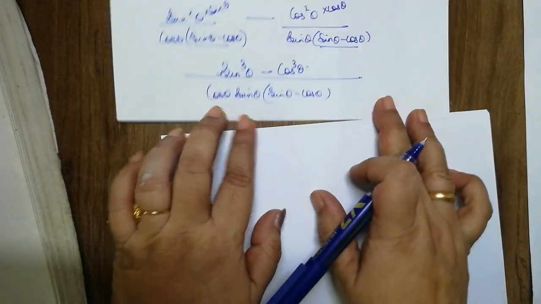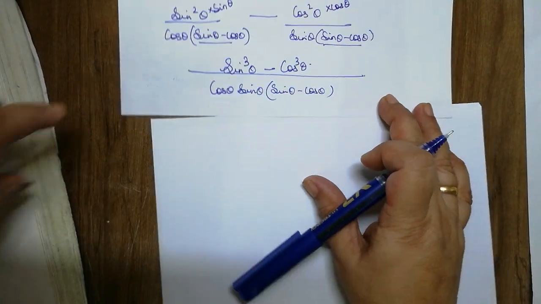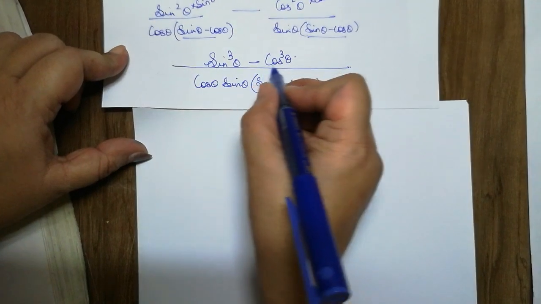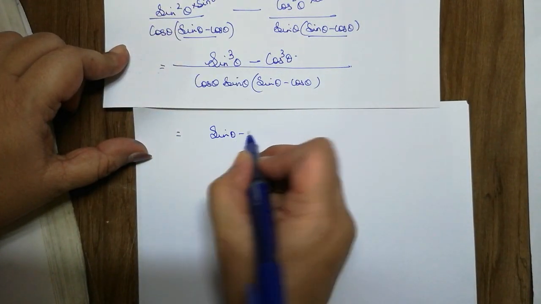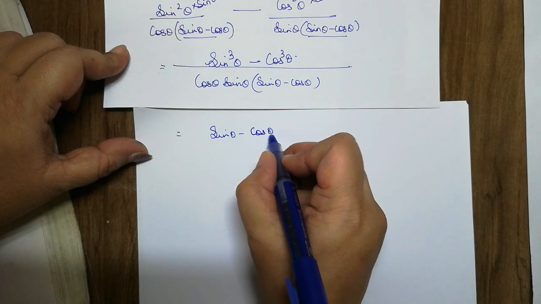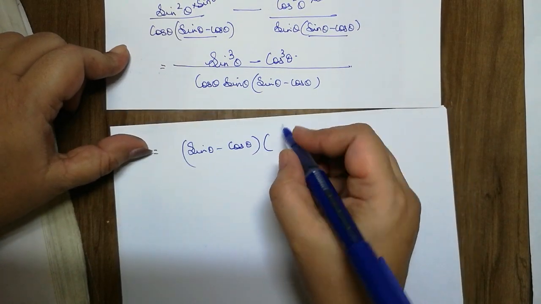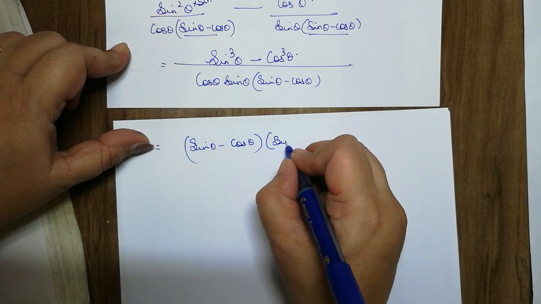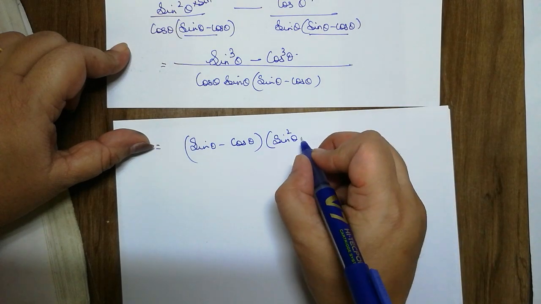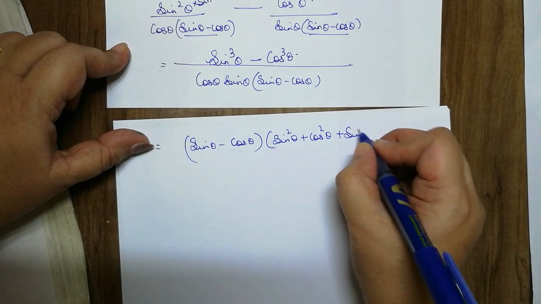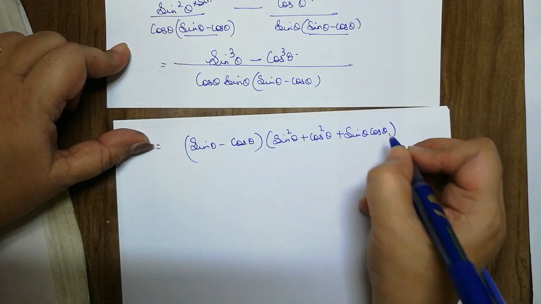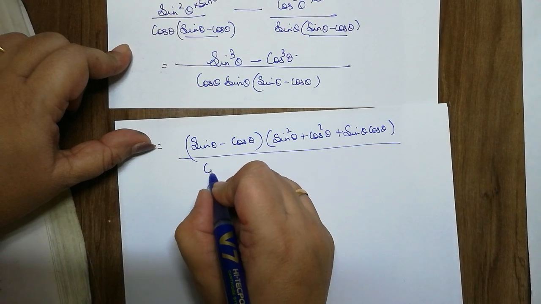I will apply the a cube minus b cube formula here. It is a minus b, then a square, sin square theta plus cos square theta, plus a into b. Let the denominator be as it is.